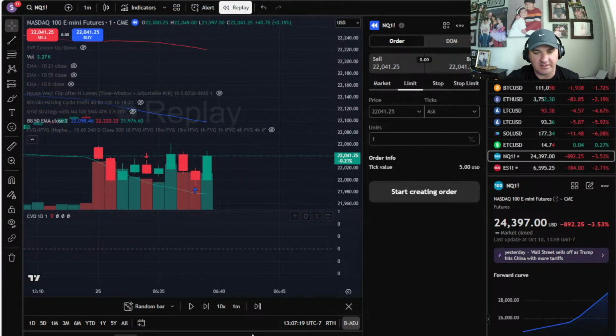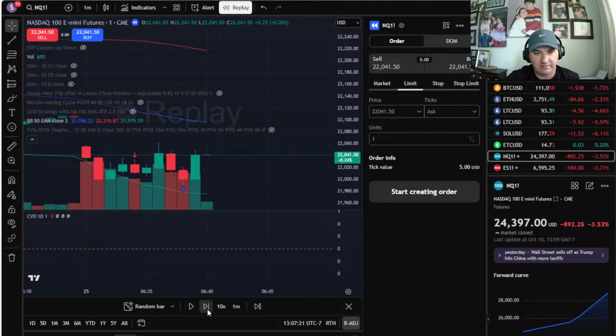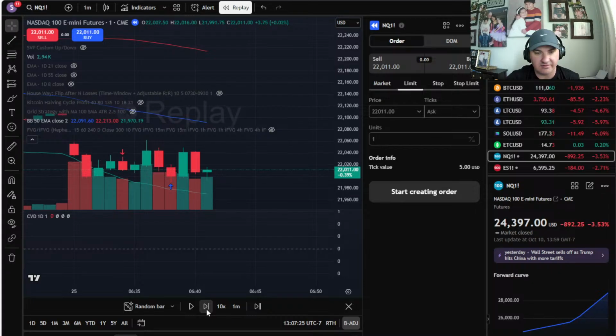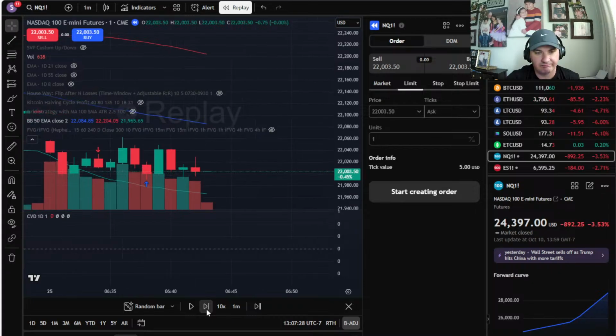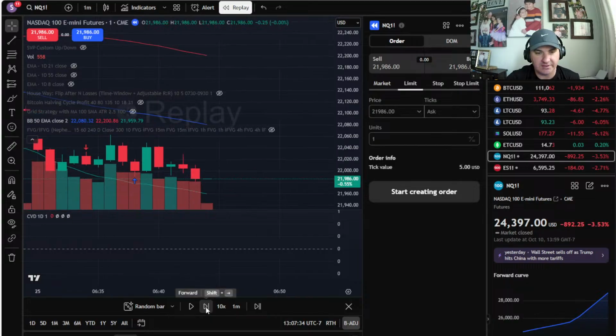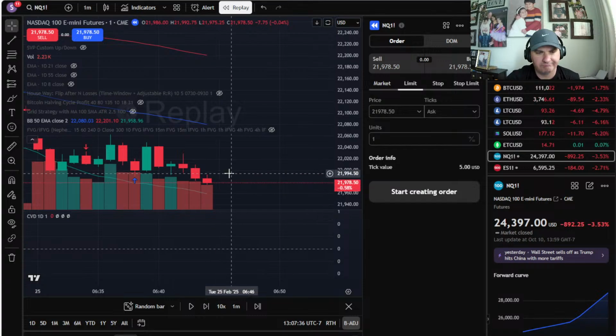Market's very sideways, so yeah, see, it's like literally just back and forth. We'd still just be waiting. We technically have a gap here.